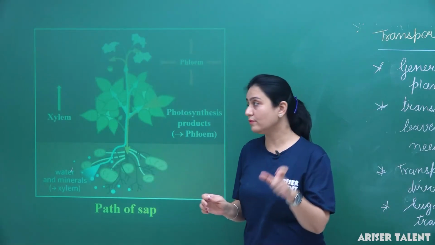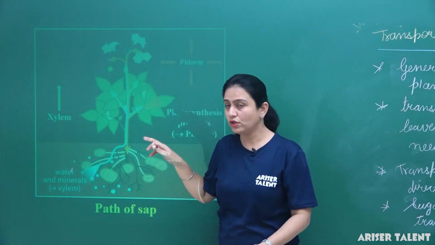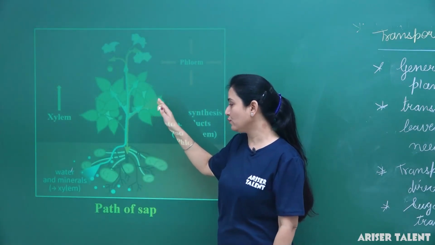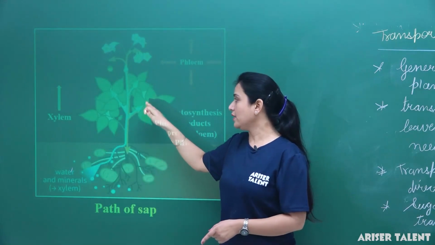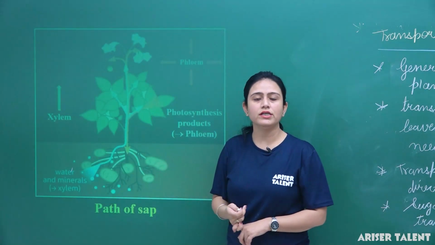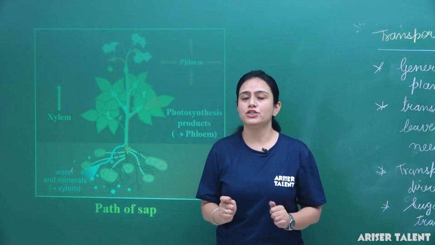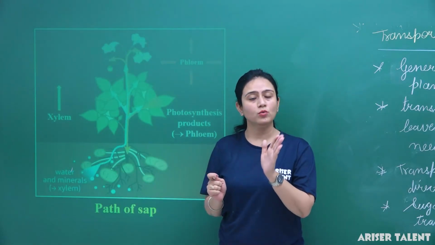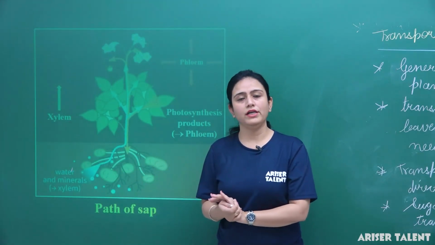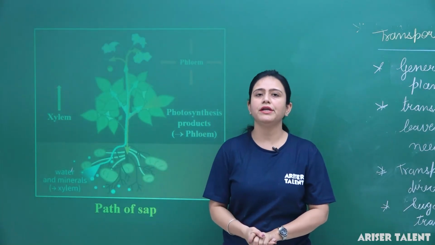The leaves are the site of synthesis of food. This synthesized food is carried to the different parts of the plant by the phloem only. So we can say that the xylem and phloem, which are the vascular tissues, help in the transportation of water and food material in the plants. So here transportation in plants gets completed. Thank you.